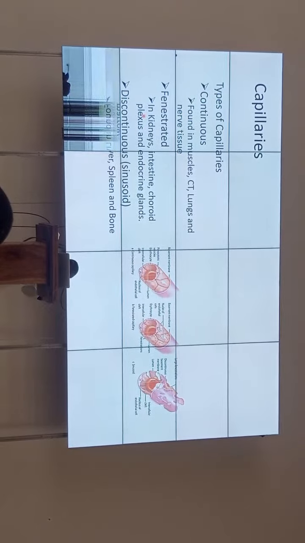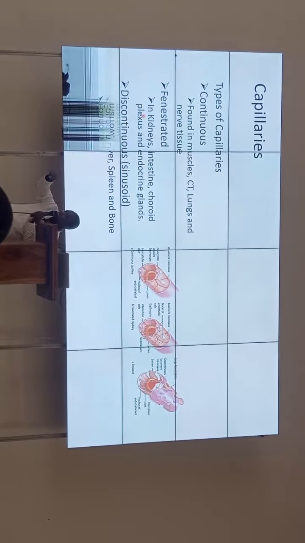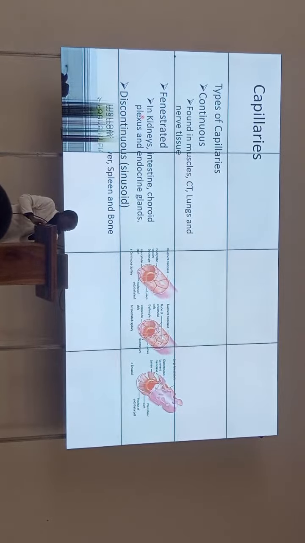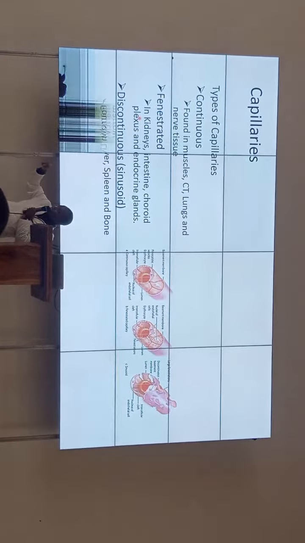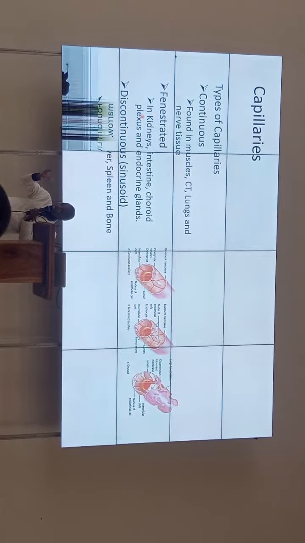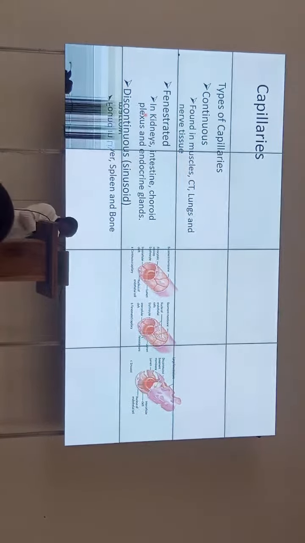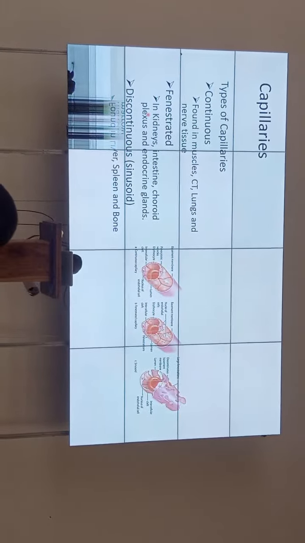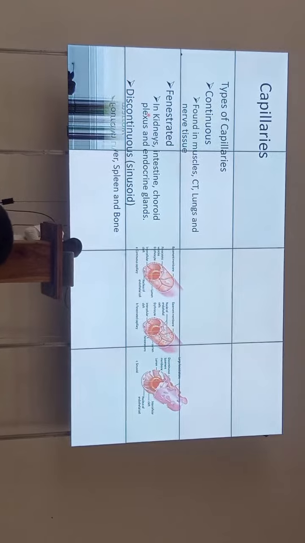The fenestrated capillaries have little openings in their endothelial cells. The endothelial cells are fenestrated. They have little pores through which materials pass. Is that clear? In which organs do we expect fenestrated capillaries to be in great numbers?